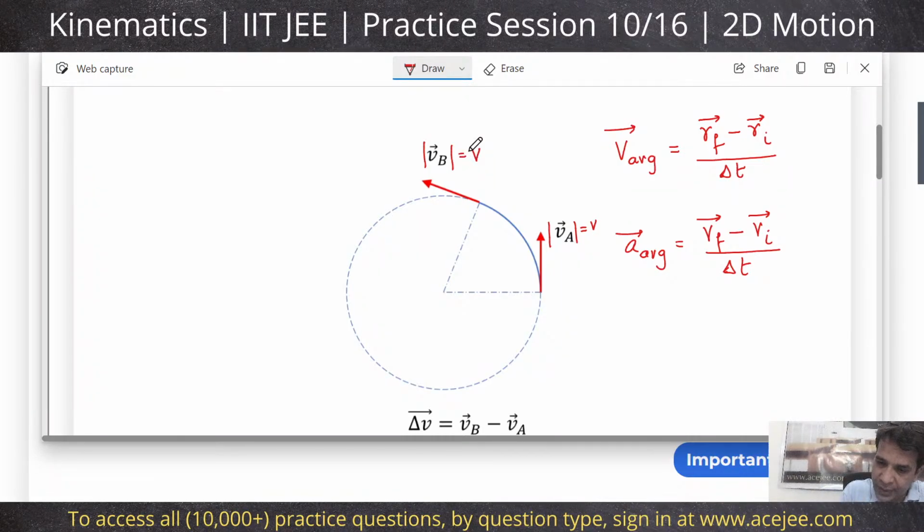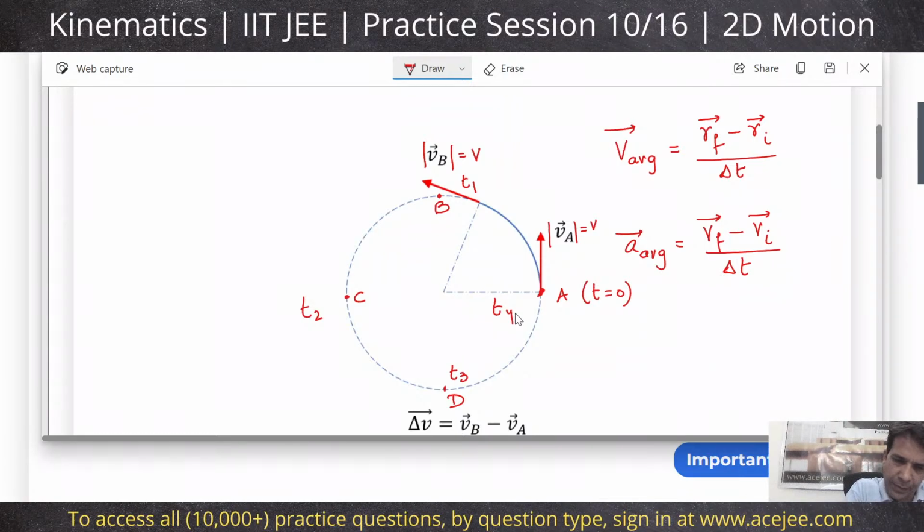Then what is the average velocity? If the particle starts at point A at t equals 0 and it reaches point B at time t1, C at t2, D at t3, and comes back here at A at t4.